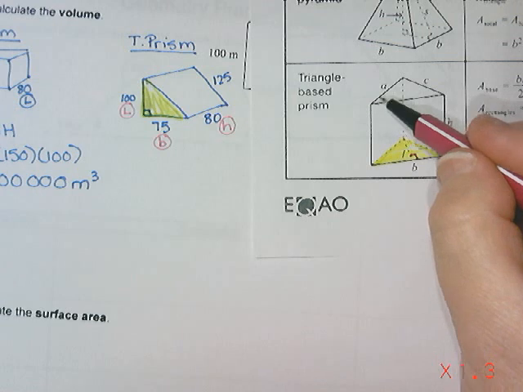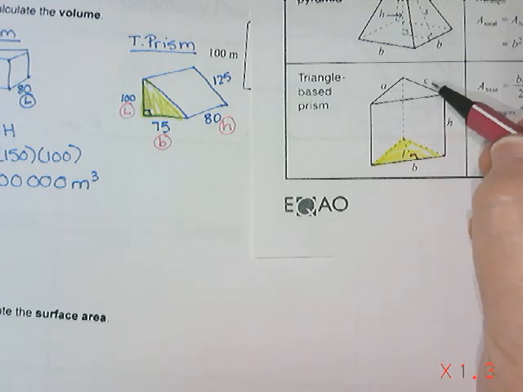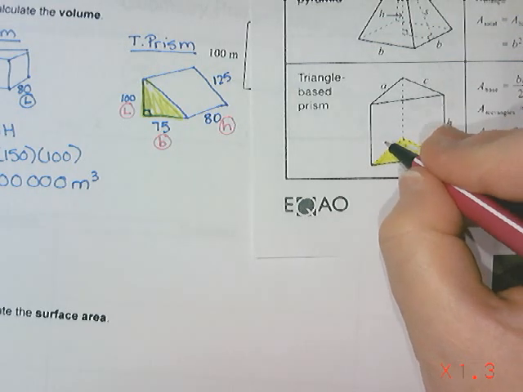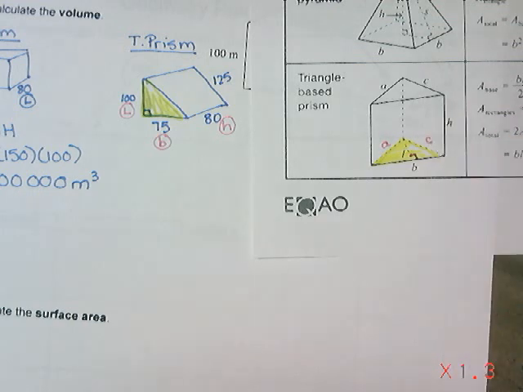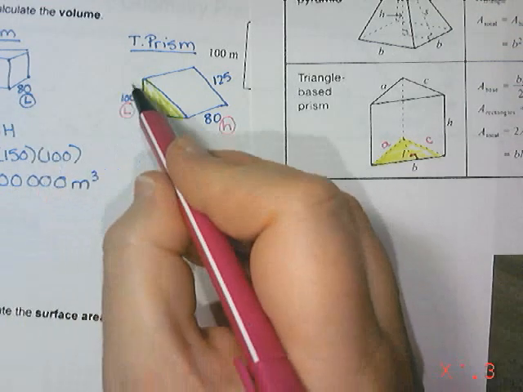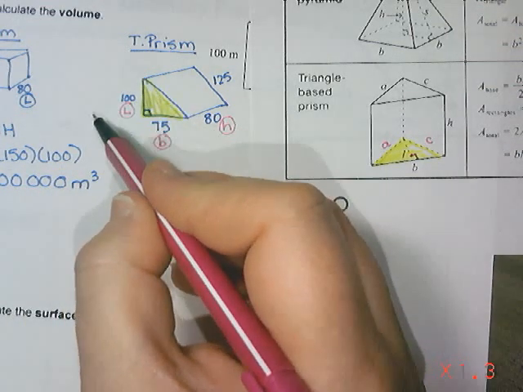And then at the top of the triangle, we also have A and C, which means that this side down here is A and this side down here is C. So they're the other two sides in the triangle. The problem is I don't have another side over here.